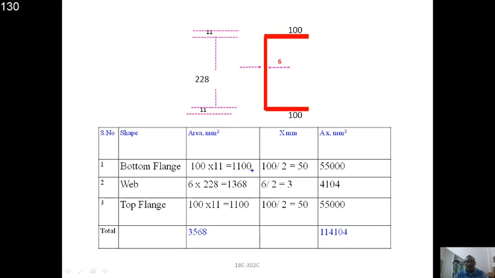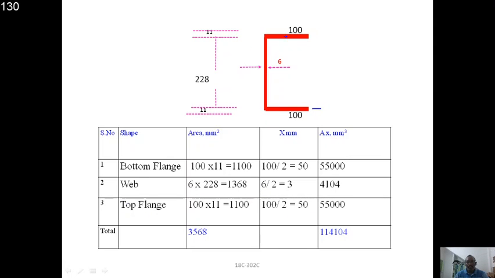Multiply, and you will get the areas. And for the x1, x2, x3, this is the x1 value, from this point to this point is the x1. Therefore x1 is equal to 100 by 2. And similarly x2 will be half of this web, therefore 6 by 2.